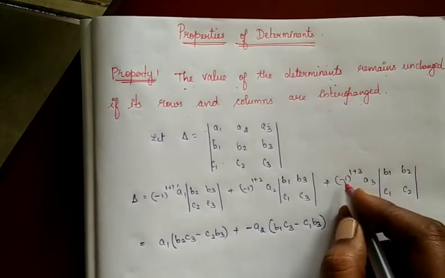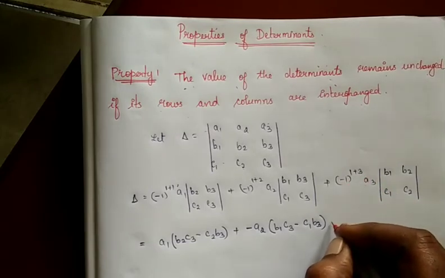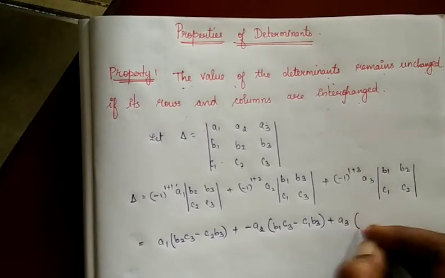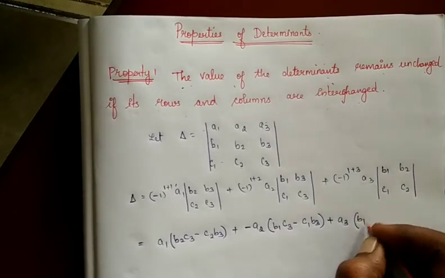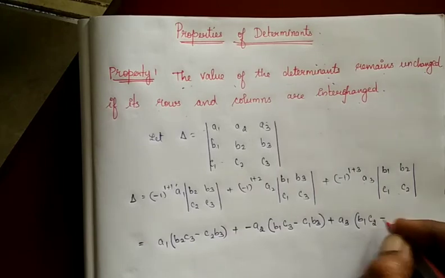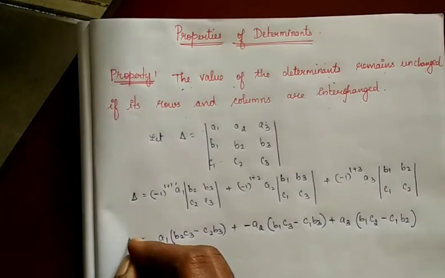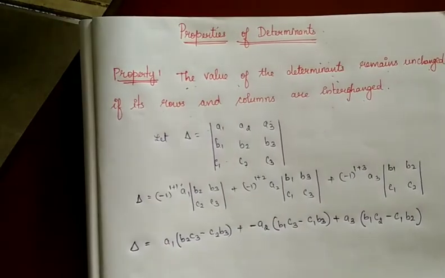Next, minus 1 to the power 4 becomes plus, so a3 of b1 c2 minus c1 b2. Now this is the value of this determinant.